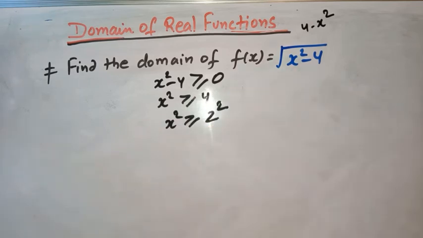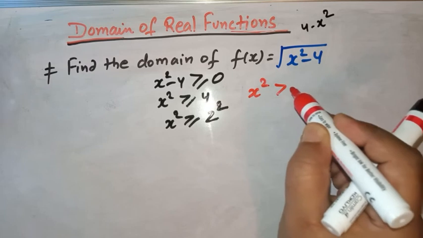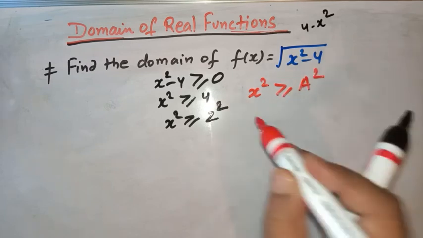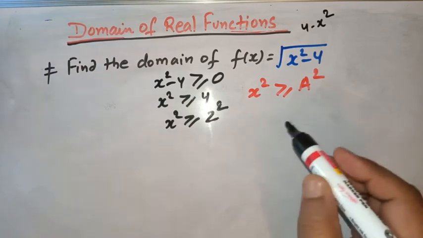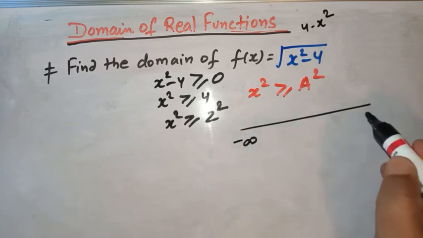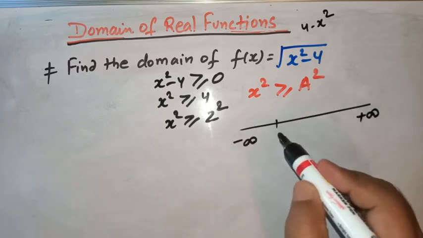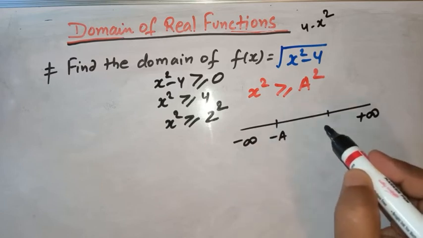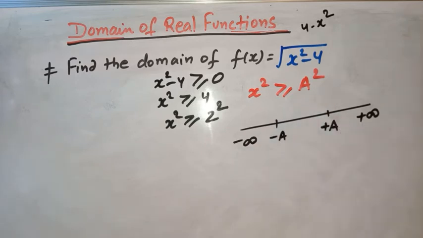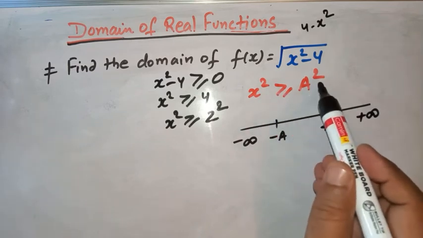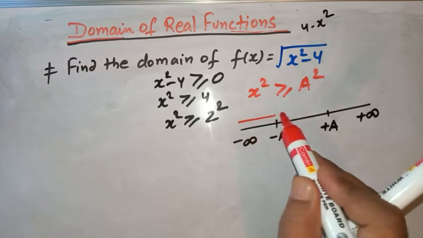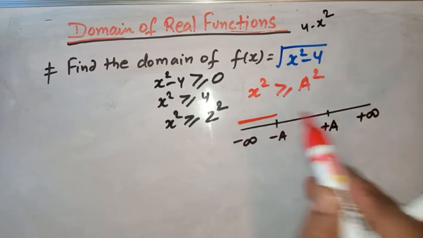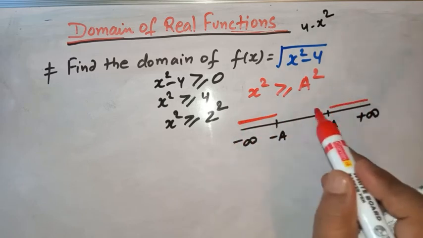Now here we will make use of one result, and the result says that if x square is greater than or equal to a square, then we'll have, suppose this is the real number line, and this is say minus a, and this is say plus a. Clear? Now when x square is greater than or equal to a square, we'll take only those values of x which lie in this shaded region. We'll exclude this middle region here.